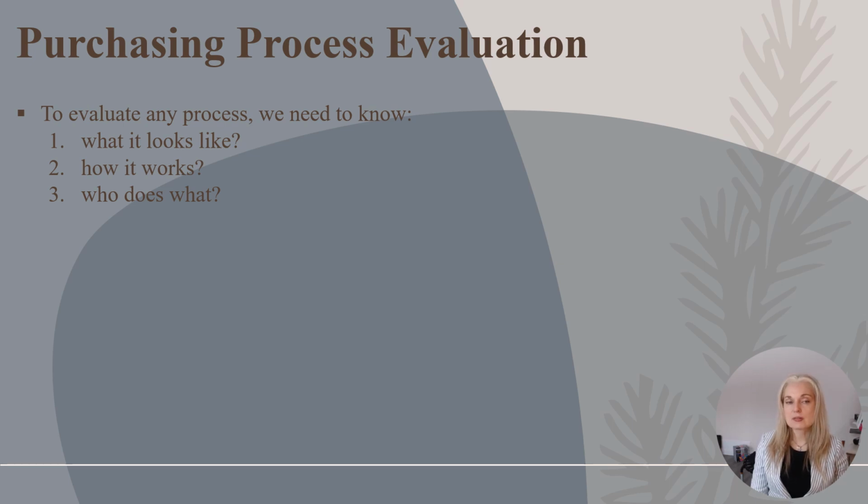Then you are going to look at how it works. So here you're looking at how is information communicated, how are goods purchased, and once you know that, you need to know who does the tasks that are involved in this process. Here you're going to look at who has the power to make purchase requisitions, who approves purchase orders, does the organization have a vendor list, who takes care of the vendor list.